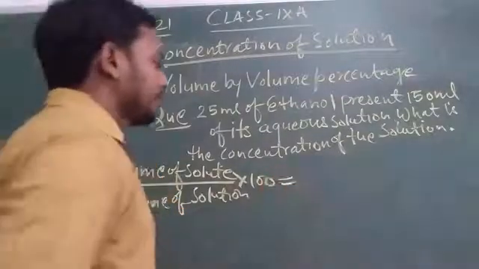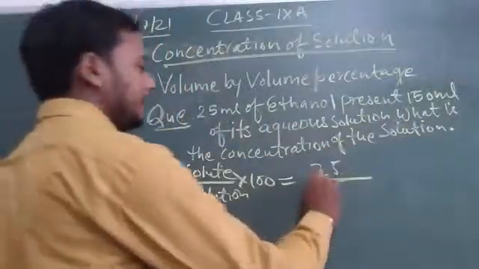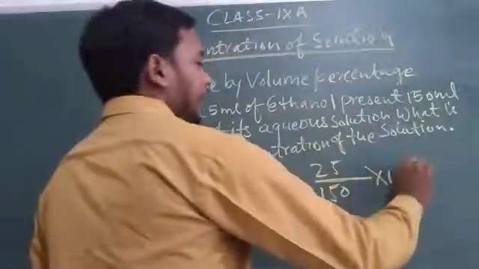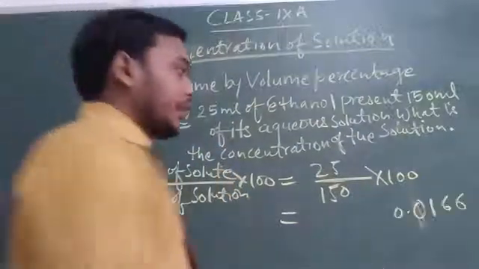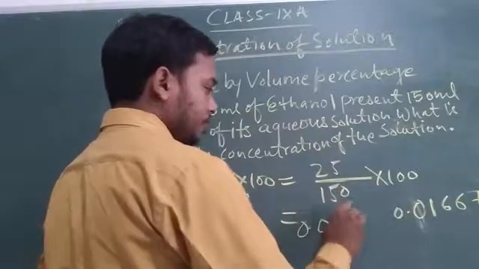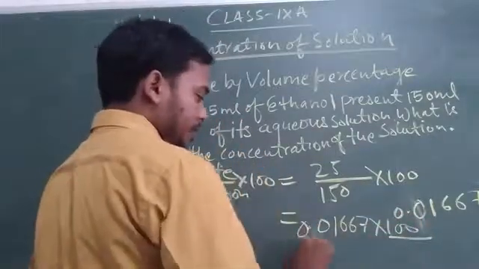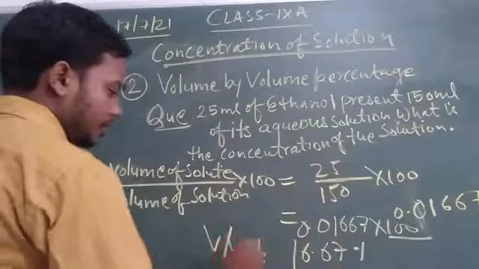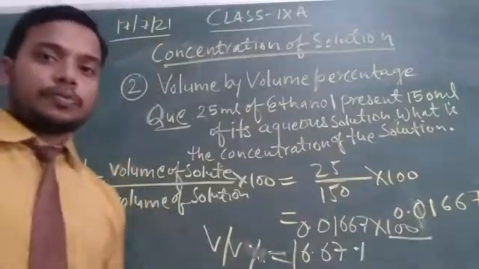Applying this formula, 25 ml divided by 150 ml into 100, we get 0.1667 into 100, that is 16.67% volume by volume percentage.